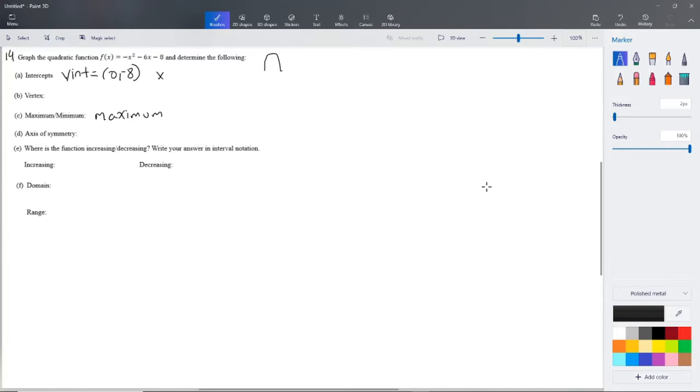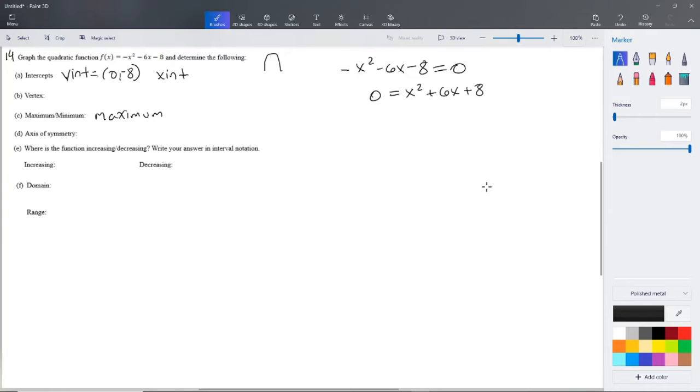The x-intercepts take a little bit more work because we need to set our function equal to 0. In other words, negative x squared minus 6x minus 8 equals 0. I'm going to move everything on the left to the right. So it's going to say 0 is equal to x squared plus 6x plus 8.